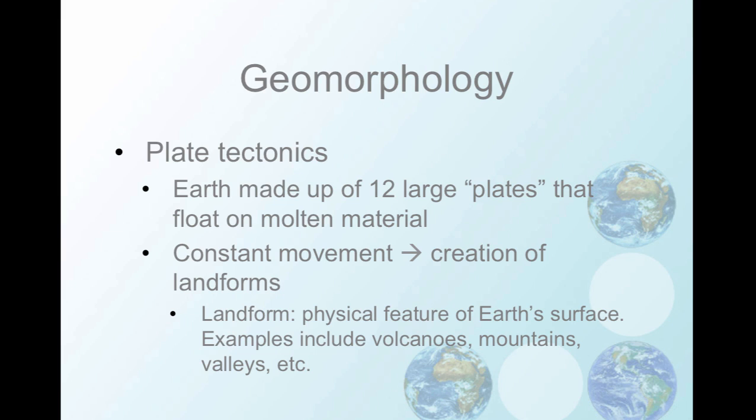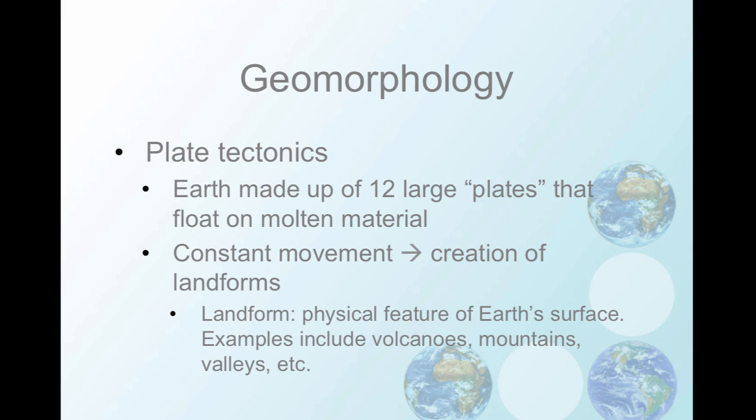Now, by constant movement, that means a constant pace of geologic movement. It's moving on geologic time. To the extent that we notice it in our own lifetimes, it's because there might be an earthquake or a volcanic eruption or a tsunami. But in order to actually see the continents take on a drastically different shape, you would have to live for a very long time, a few million years.